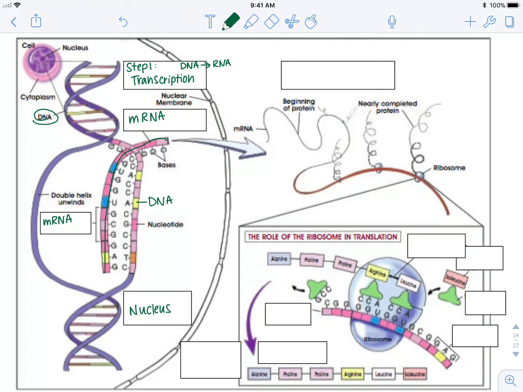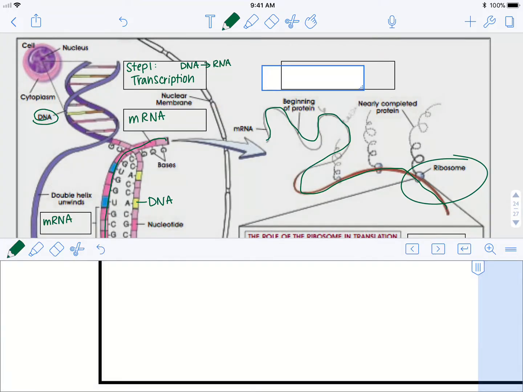Then the mRNA is going to leave the nucleus. Okay, and it's headed off to our friend, the ribosome. Okay, so the mRNA can be really long. This whole thing here represents that mRNA. And this is going to be where we get into step 2.